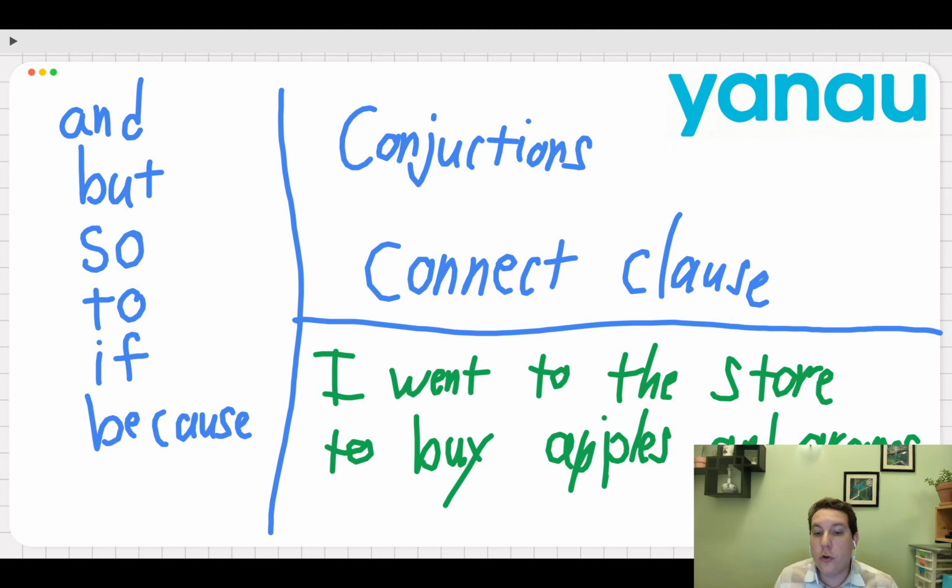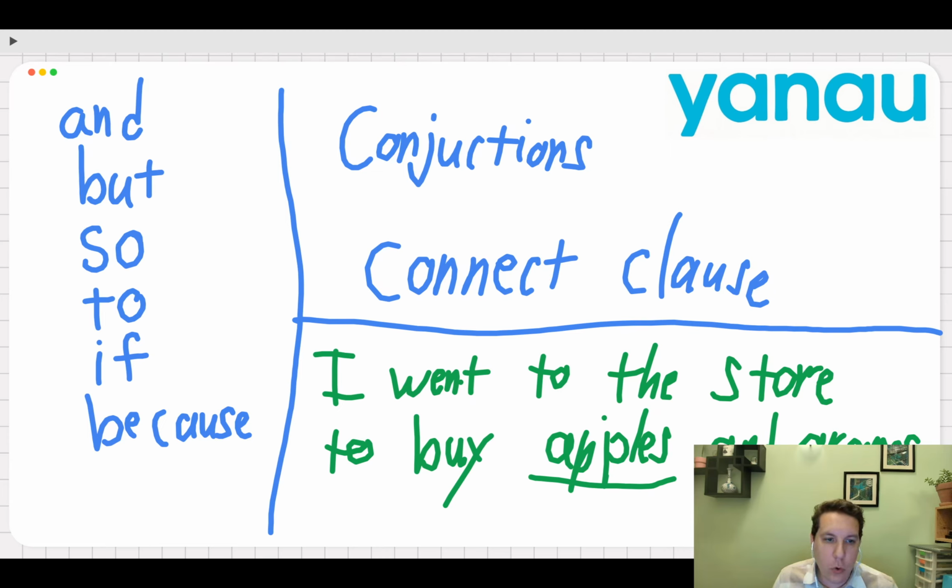I went to the store to buy apples and grapes. Am I connecting clauses? No, I'm just saying I bought this and this. In this case, and here is not a conjunction.